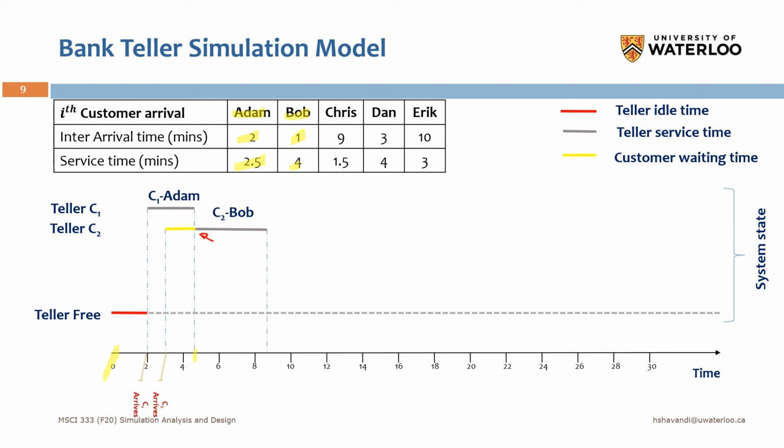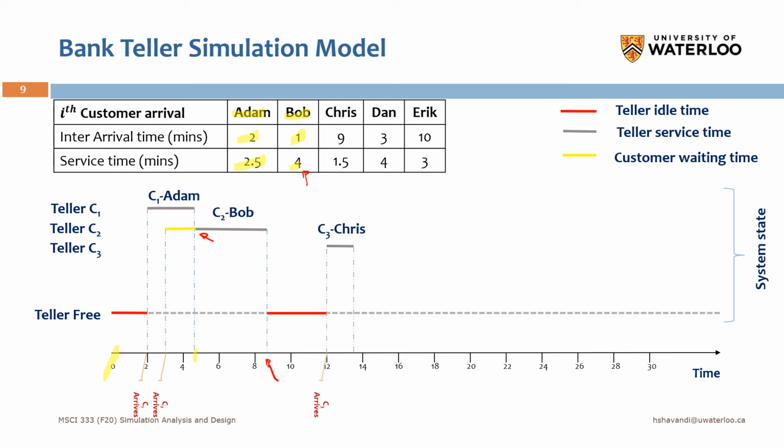Bob will be in line from 3 to 4.5 until serving Adam is completed. Then Bob gets the service at 4.5, and his service time is supposed to be 4 minutes, so the teller will be busy serving Bob up to 8.5.